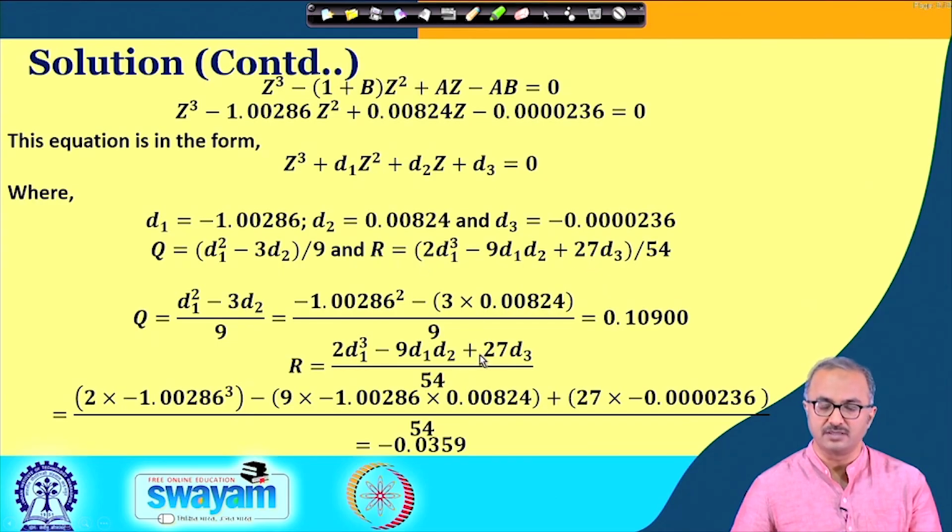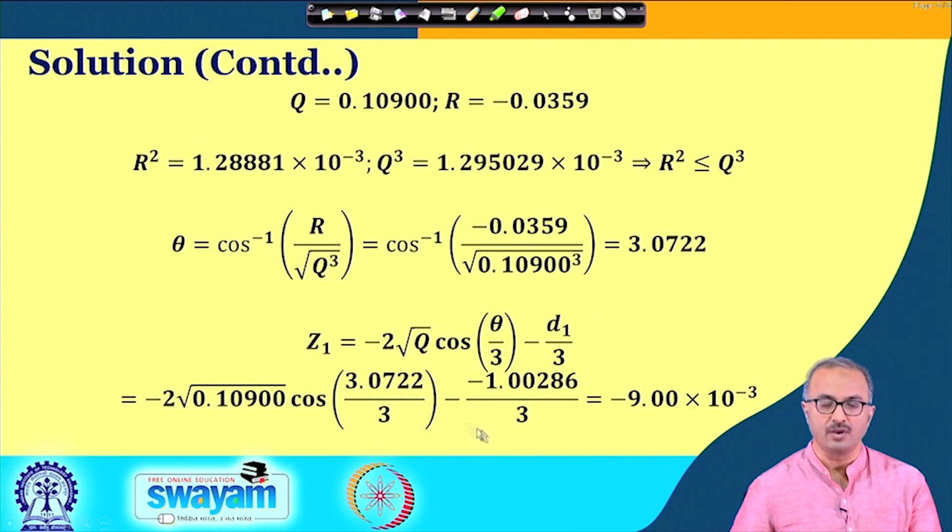Then we find r squared and q cubed, and we find that r squared is less than q cubed, satisfying the condition given by Cardano.